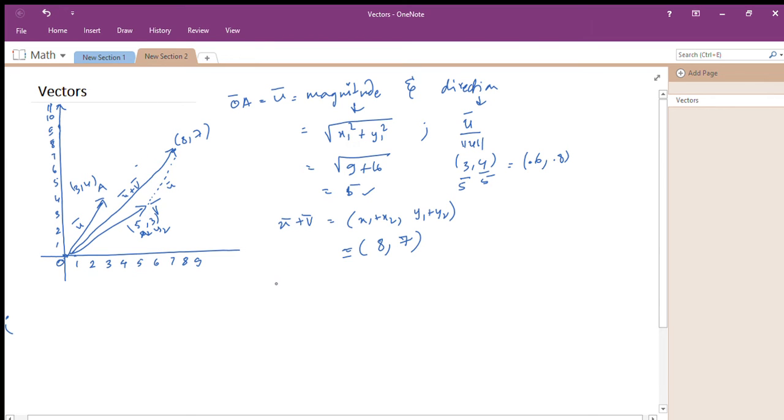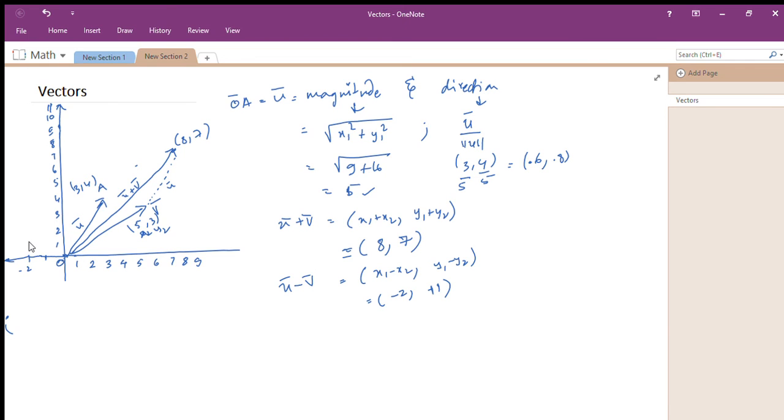You could also see what is u bar minus v bar, and this would be just x1 minus x2, y1 minus y2, 3 minus 5, minus 2, 4 minus 3, plus 1, right? So this would be somewhere over here, 1, 2, so here minus 2, plus 1, so it will be somewhere here.